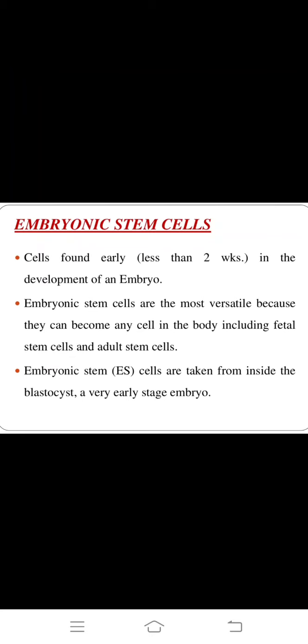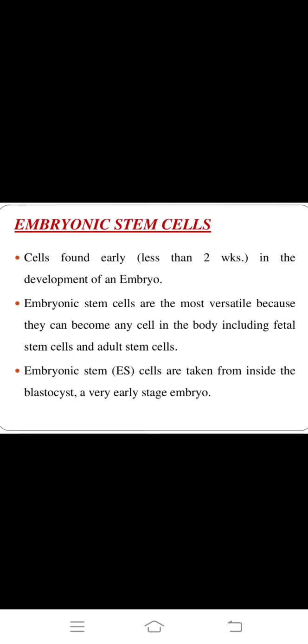These cells are derived from the epiblast tissue of the inner cell mass of a blastocyst. Embryonic stem cells are pluripotent cells. Okay, very important. Embryonic cells are pluripotent cells.